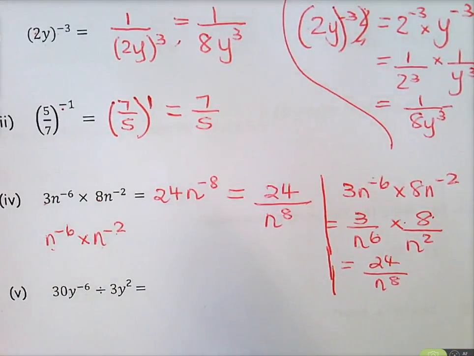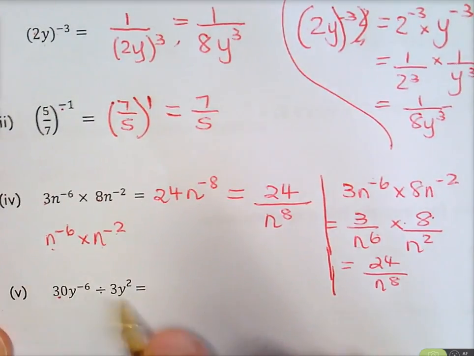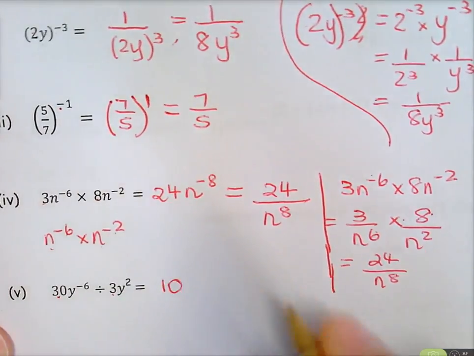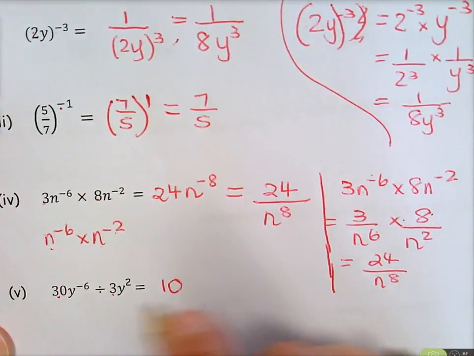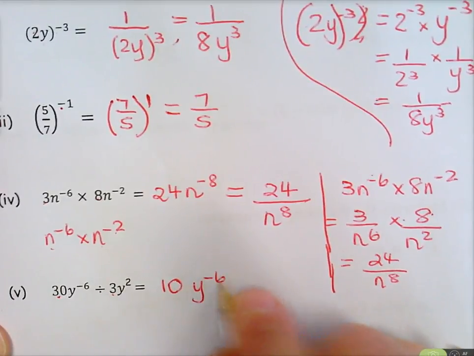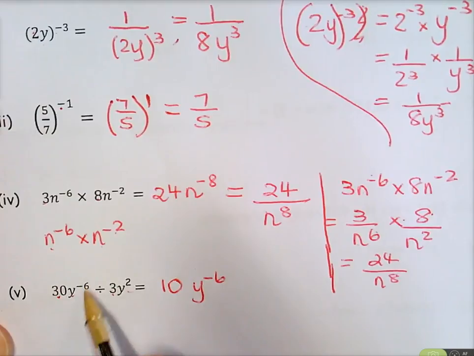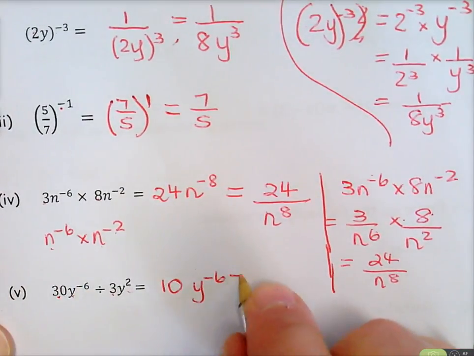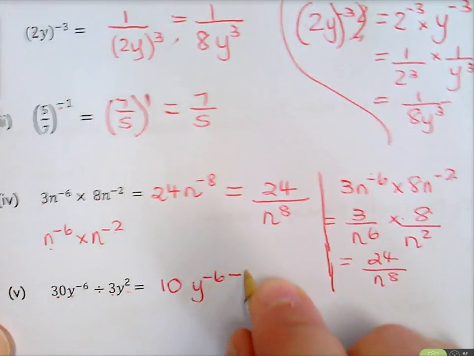The next question, I'd probably again just use index laws. Or we can try it both ways. So 30 divided by 3 is 10. Be careful here. We've then got y to the power of -6. Remember, we're subtracting indices. So what do I do? y to the -6, take away 2.